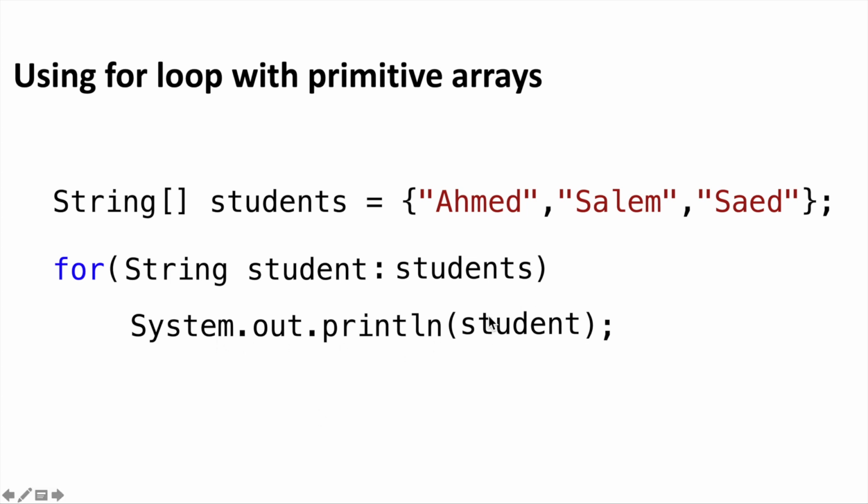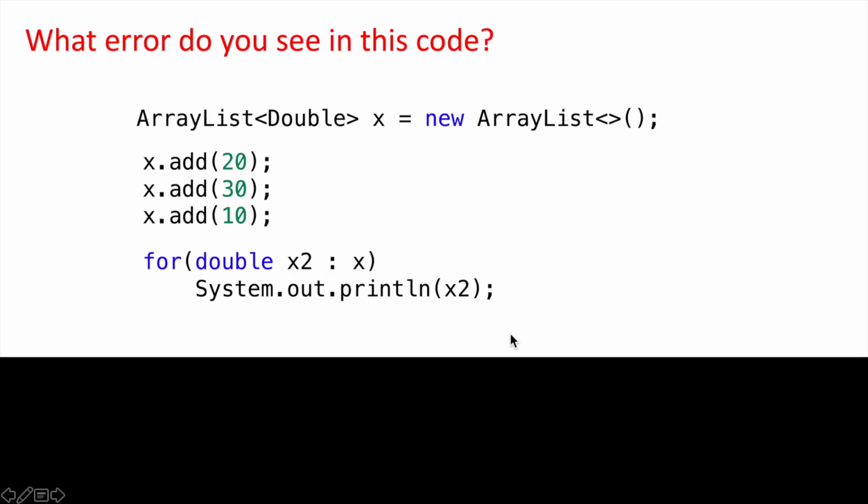See, always what you do here is the same as this, not this. So you cannot say print students, because you're talking about each element. So for each element in this array, do something. So for each student in students, display student, and this will get you the same thing.